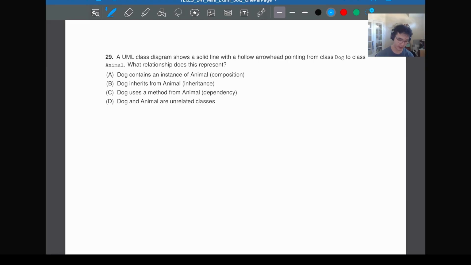So UML class diagram, we have two classes, a dog and an animal. What is that relationship? Now, suppose you didn't know what this was. Solid line, hollow arrowhead. We can still answer this question by understanding the relationship between a dog class and an animal class.